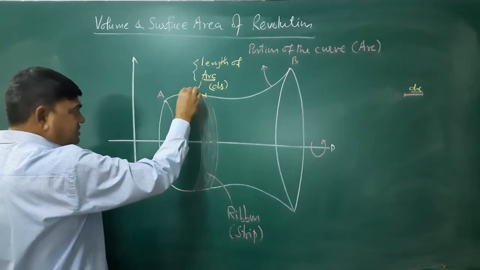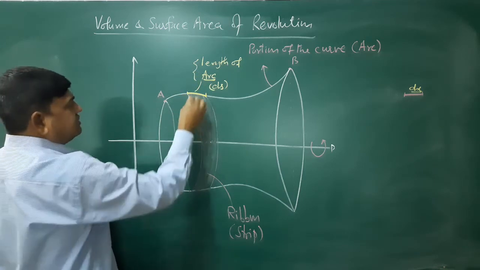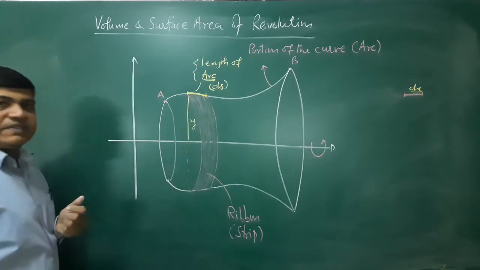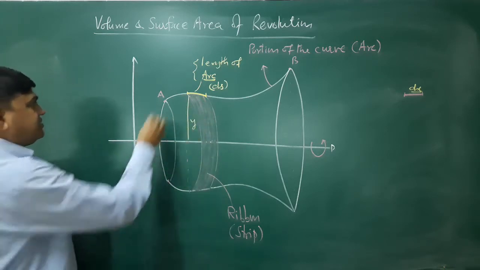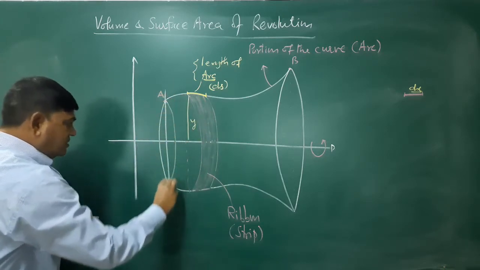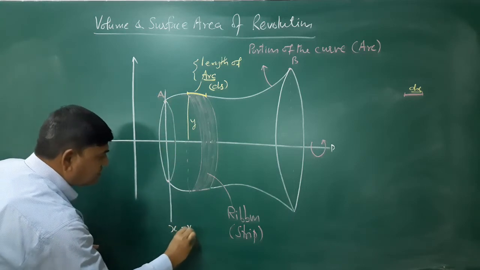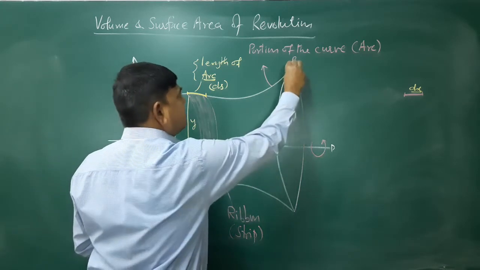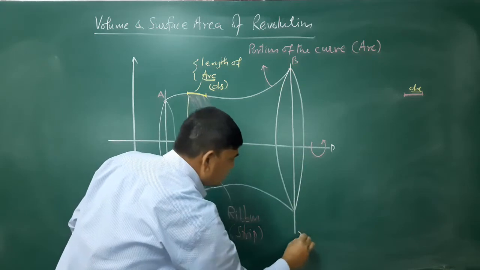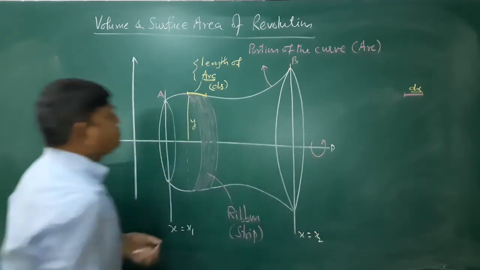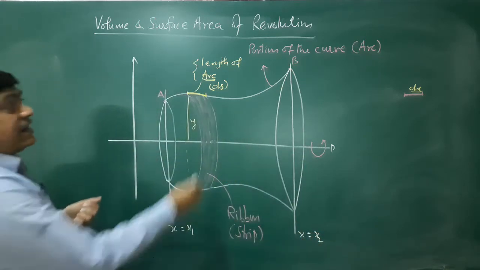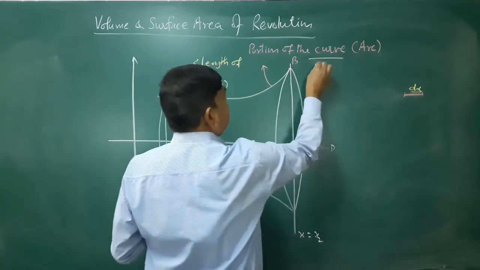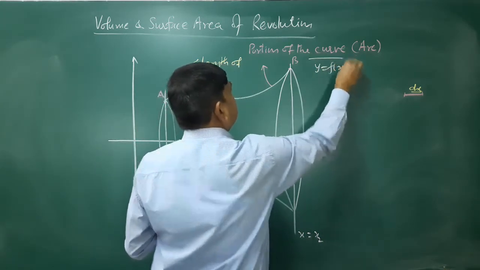But here this is y. X is changing from, this is x equals to x1 suppose, and here it is x equals to x2. And the equation of the curve, that is y equals to f(x).